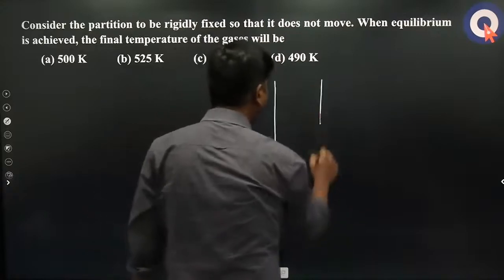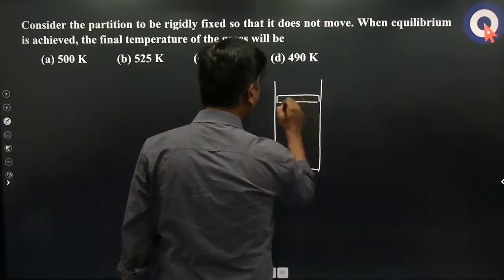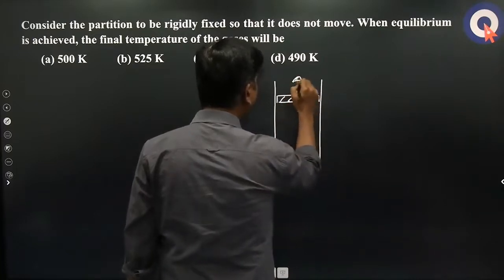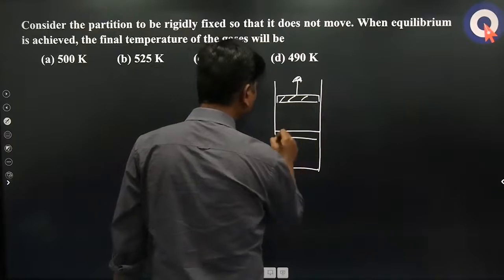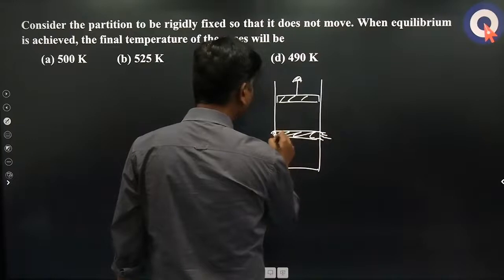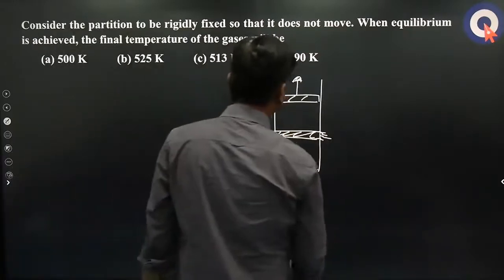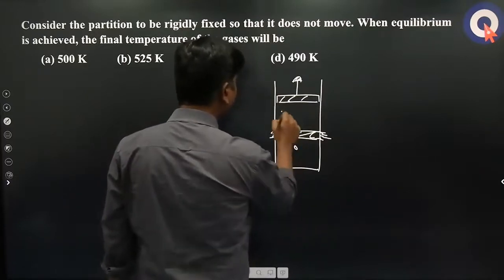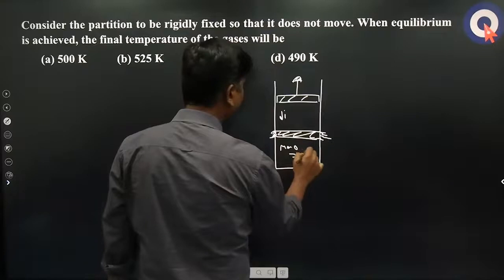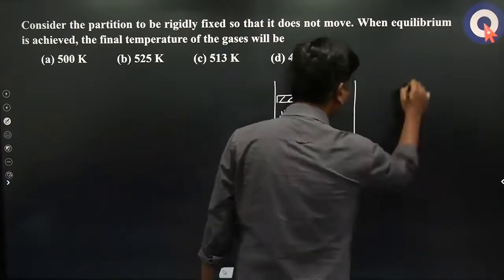So initially, this was a movable piston, and this was fixed. Initially it was like this, and here it was mono at 700 Kelvin and 400 Kelvin. Finally, what happens?